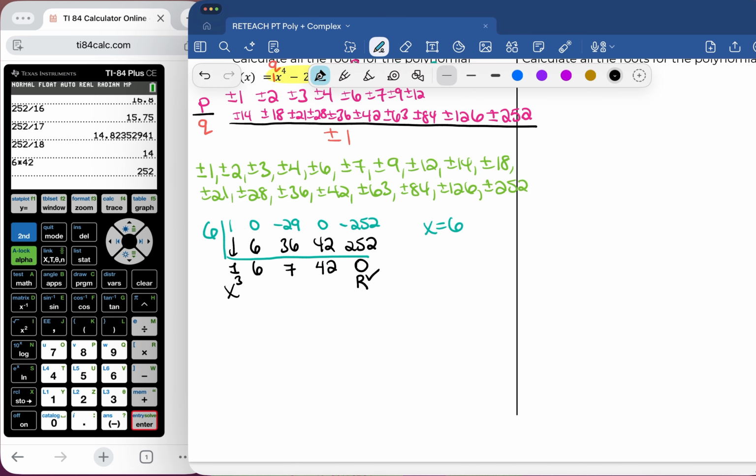That means we're going to have one less degree. So instead of an x to the 4th, we're going to have an x to the power of 3, and then you're going to count it down standard form style. And so when we rewrite this, that should be a 1x cubed plus 6x squared plus 7x plus 42.